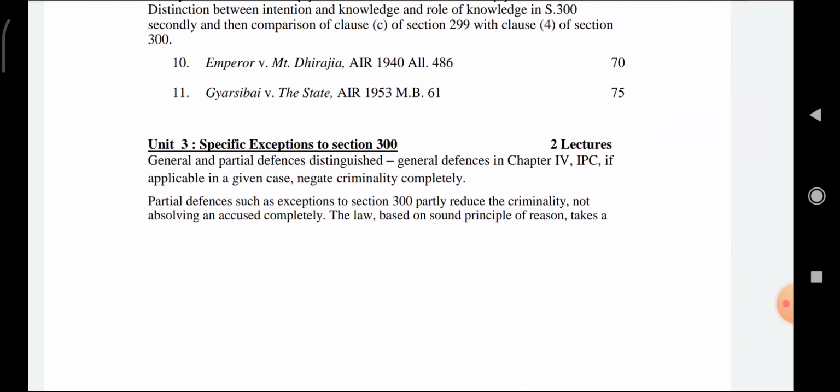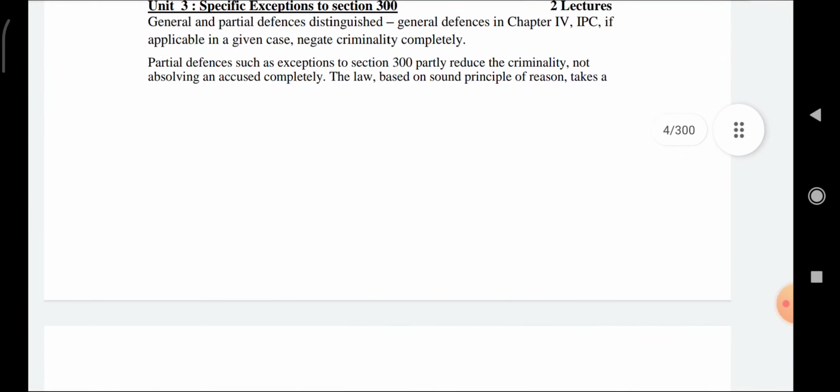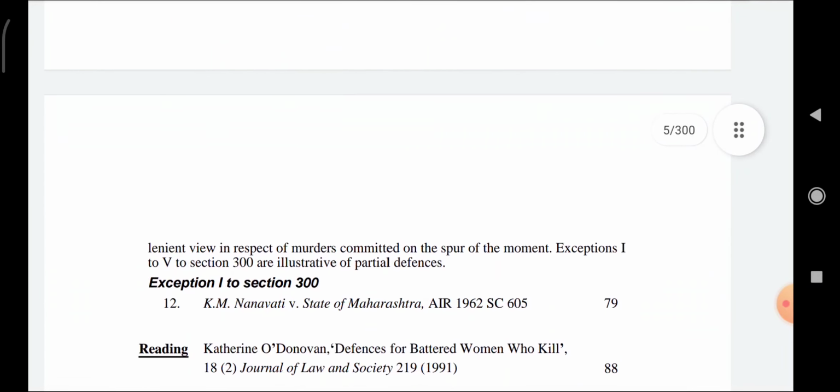Partial defenses, such as the exceptions to Section 300, only partially reduce the criminality, not absolving an accused completely. The law, based on sound principles of reason, takes a lenient view in respect of murders committed on the spur of the moment.